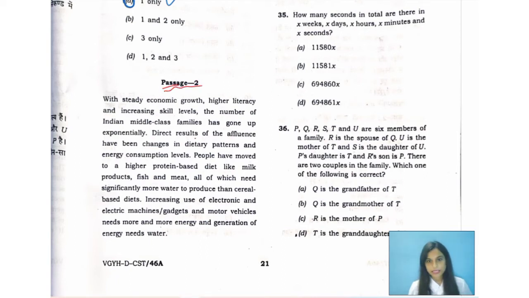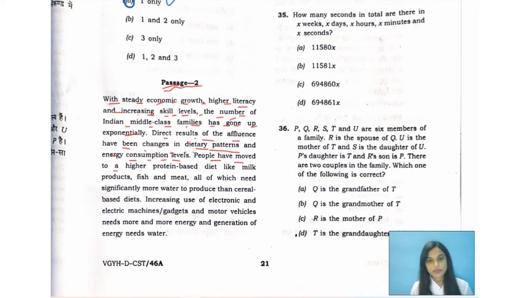It's a passage with steady economic growth, higher literacy, and increasing skill levels. The number of Indian middle class families has gone up exponentially. All right. Now, direct results of the affluence have been changes in the dietary patterns and energy consumption levels.